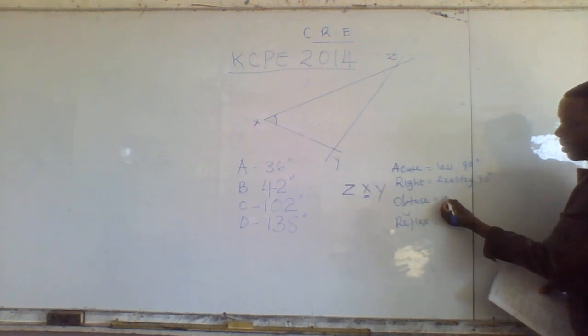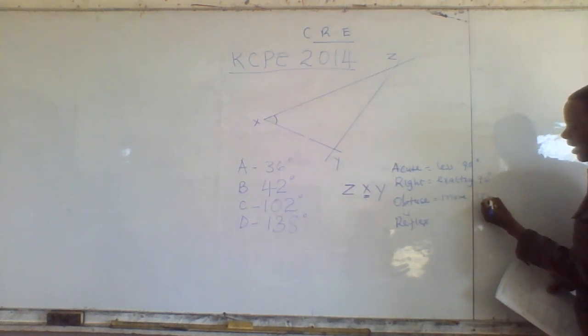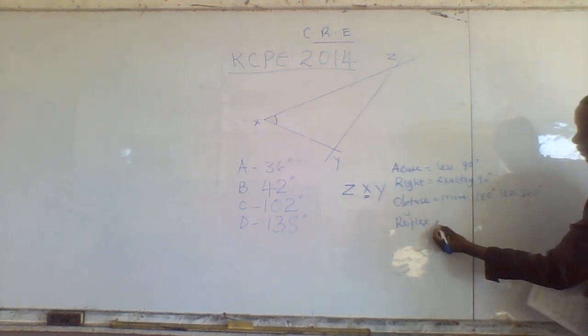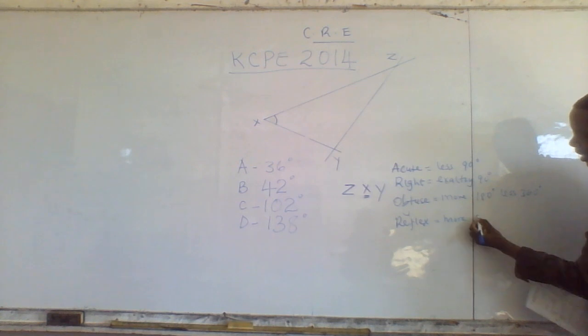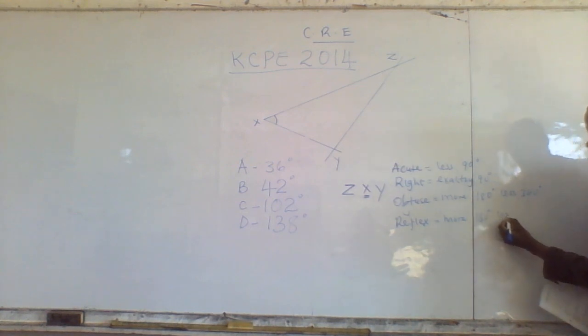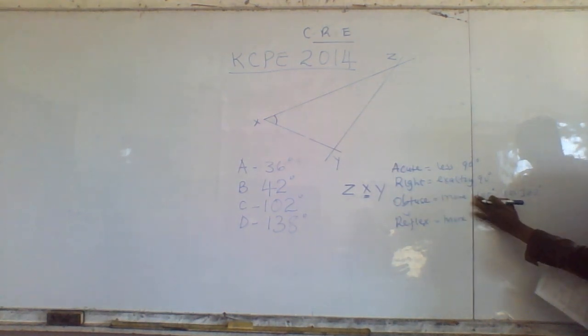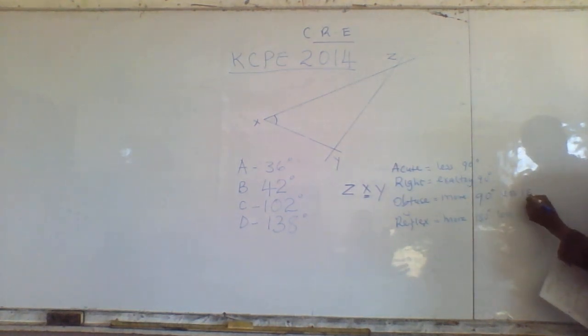Obtuse is more than 90 and less than 180 degrees. Reflex is more than 180 and less than 360.